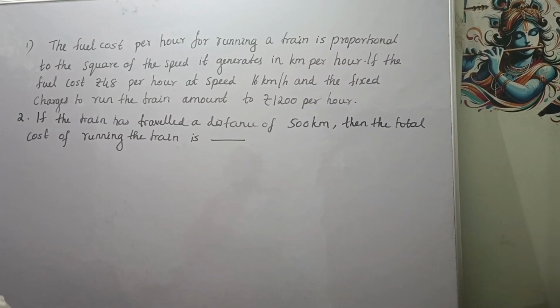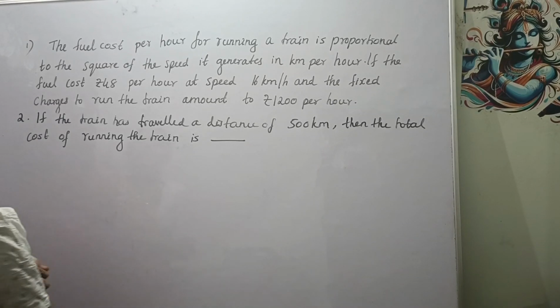Second question based on the above information: if the train has travelled a distance of 500 km, then the total cost of running the train is dash.